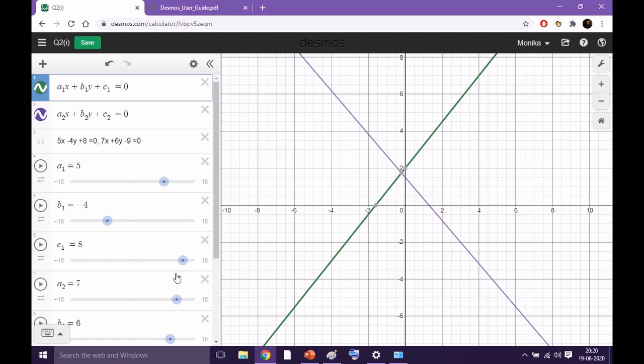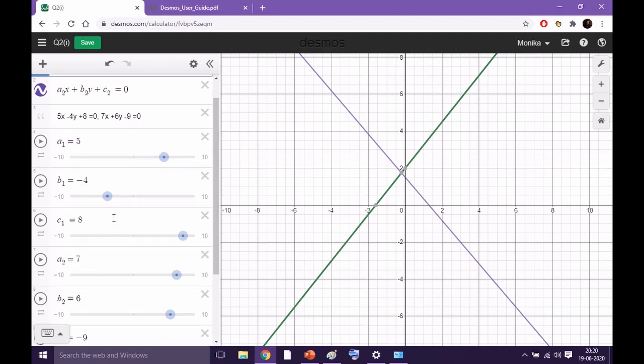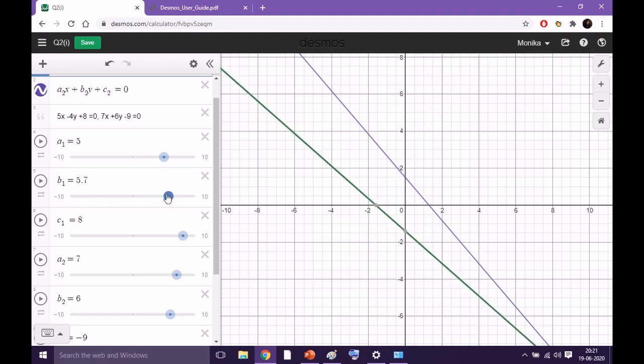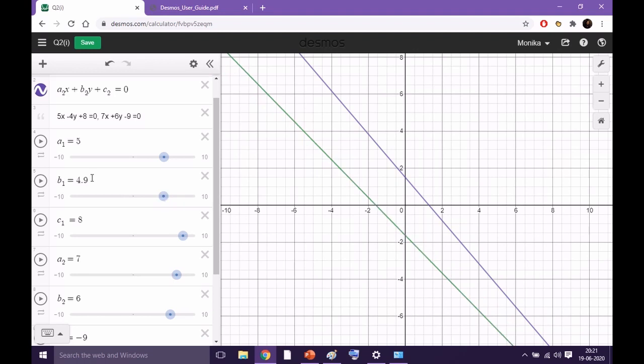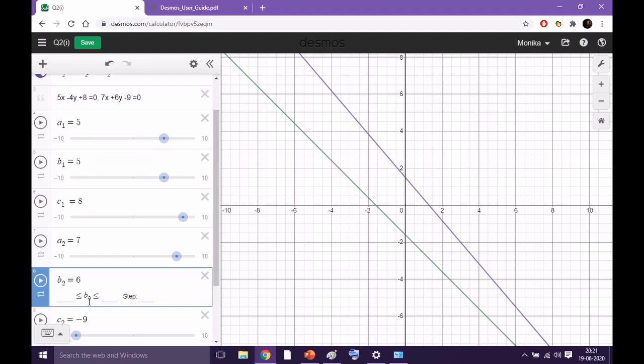Now the question is, suppose these are equal, that also we will check here. If these are equal, what is A1 by A2? It is 5 by 7. We put the same value for B1 by B2 also. So B1 is 5 and B2 I will put 7.